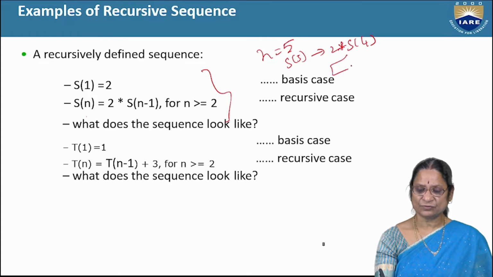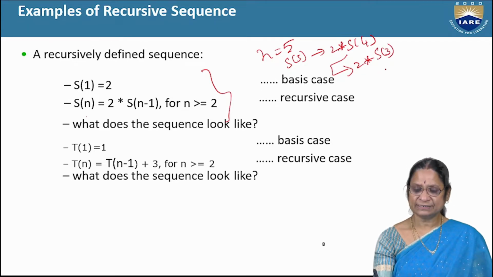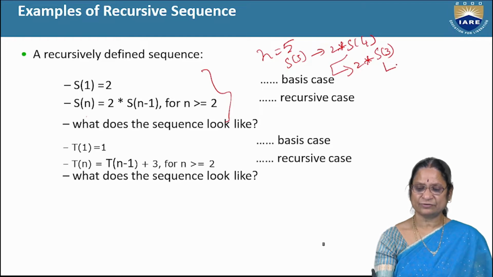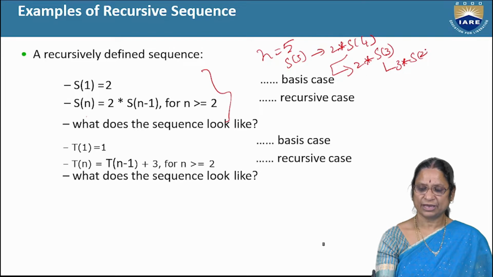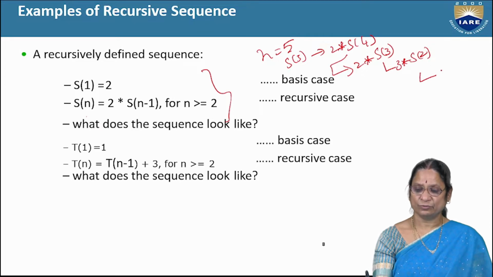What is this S(4) again? 2 into S(3). n is 4 now currently, so 2 into S(3). Then what is S(3)? S(3) is 2 into S(2), n minus 1, no? Now current n is 3. Now S(2) is defined as 2 into S(1).